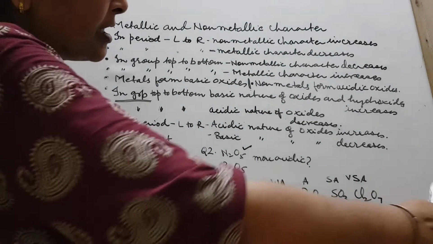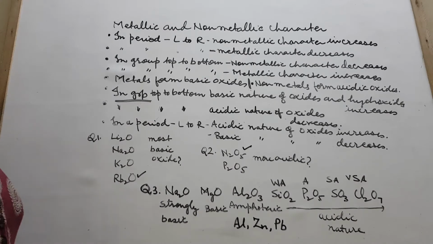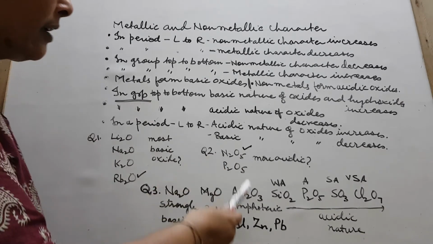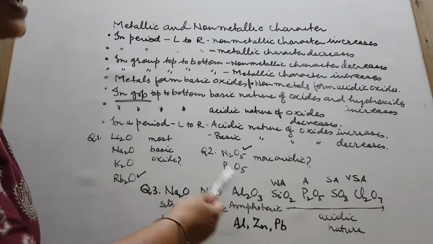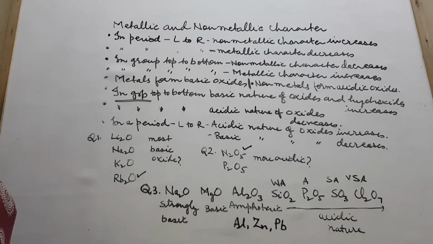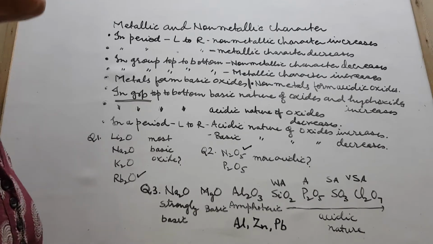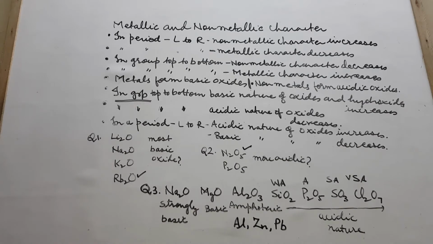So left to right, when you move in a period, the acidic nature of oxides increases. In between we had, like in third period, aluminium oxide, which was amphoteric in nature. For your information, children, there are some non-metals which form neutral oxides also.